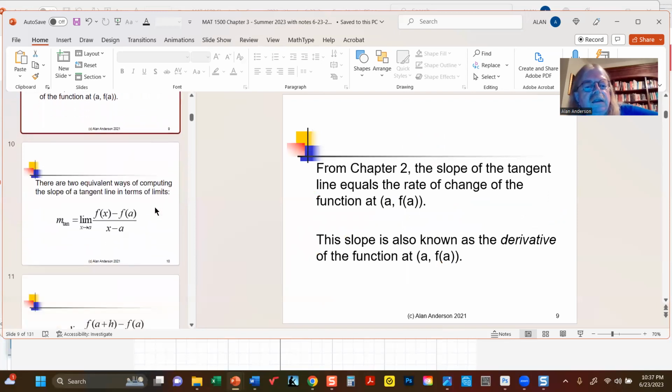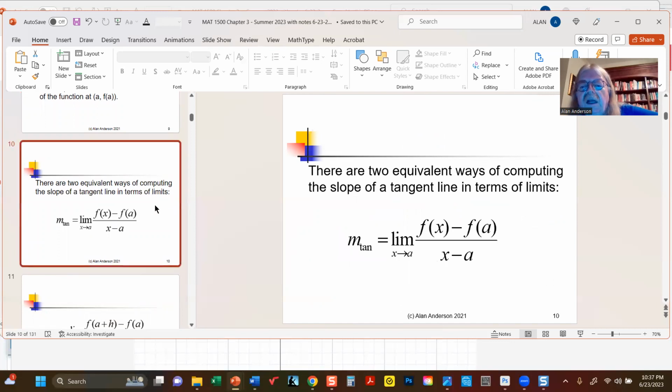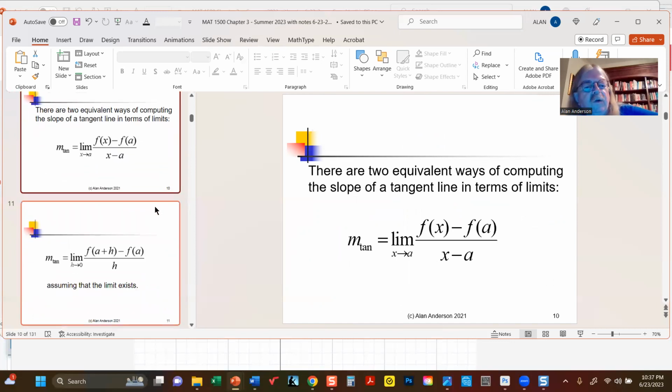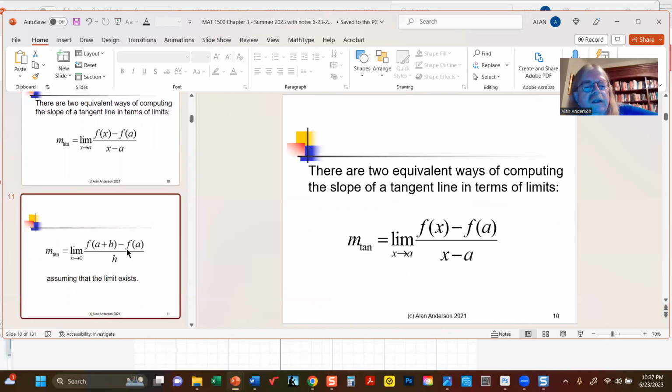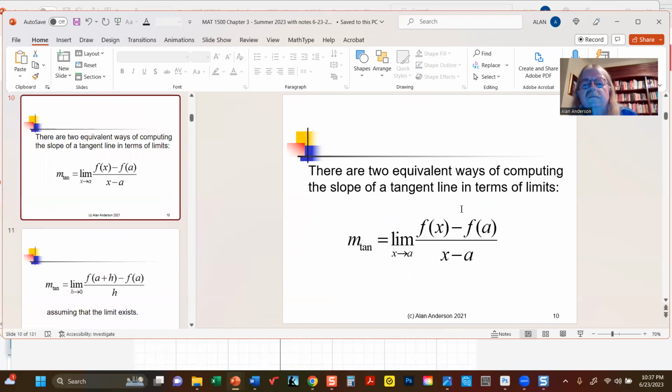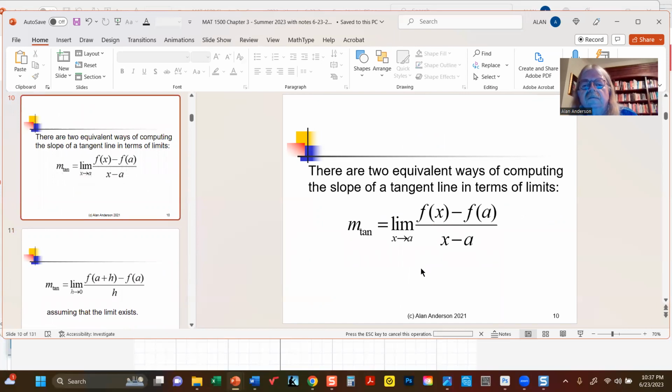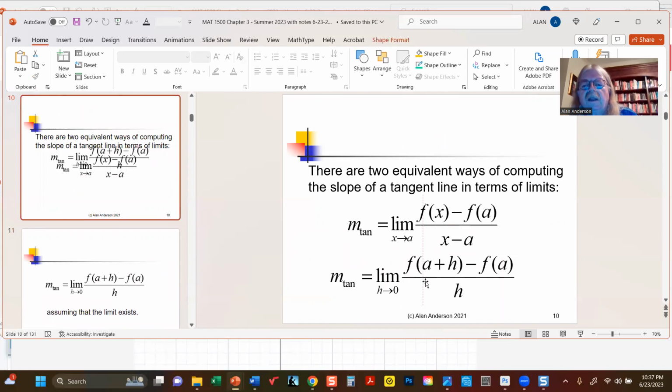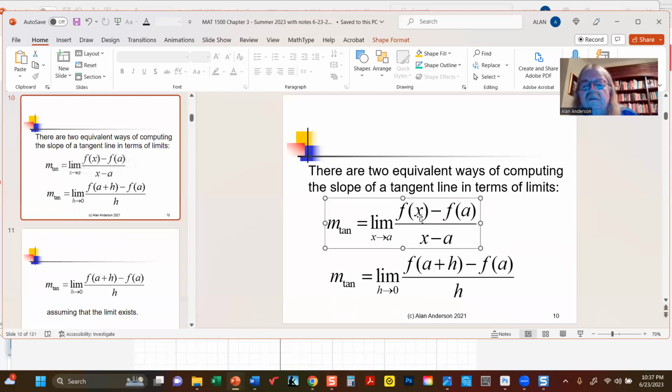All right. So formally, we can write it as, there's two definitions that are equivalent to each other. As x goes to a, or in the next slide, you can see that this is equivalent to saying, remember we had two different graphs.